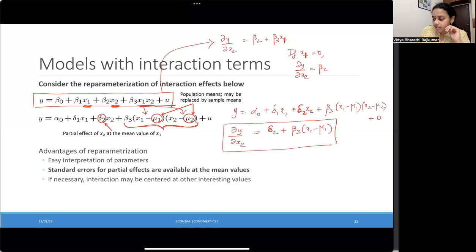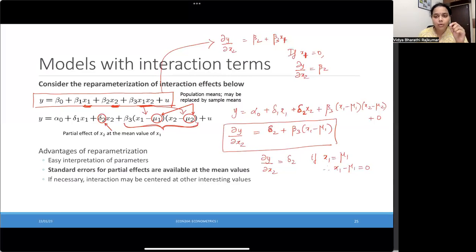So now dou y by dou x2 will be equal to delta 2 if x1 equals mu1, and therefore x1 minus mu1 will be 0. So we are now isolating that delta 2 in a much more meaningful way.